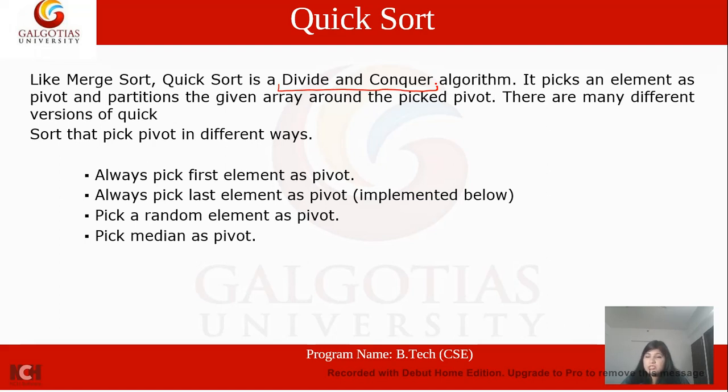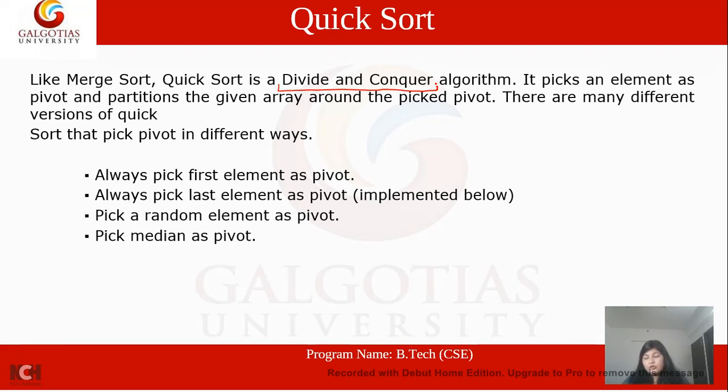They use this principle. Now the idea is it picks an element as pivot and partitions the given array around the picked pivot. So you can say pivot is a key element which will be utilized in doing this sorting. There are many different versions of quick sort that pick the pivot in different ways.